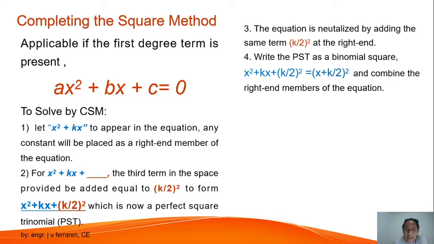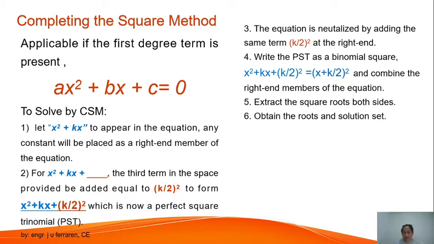The perfect square trinomial can now be written as a binomial square, and the right end member will also be combined. Then you can extract the square roots on both sides, and proceed to find the roots and then the solution set.